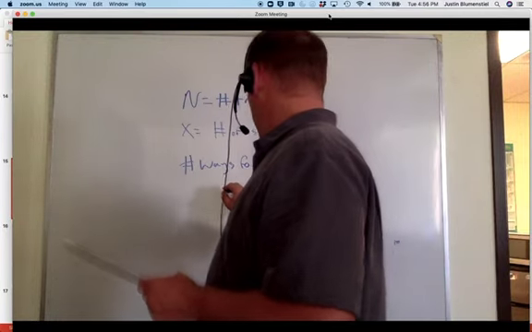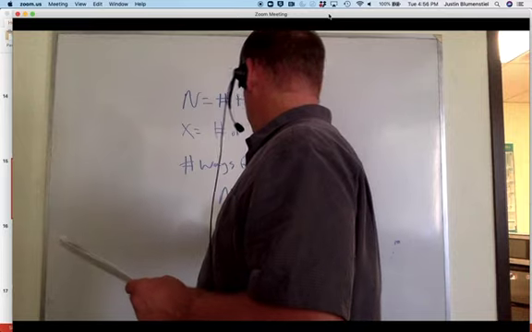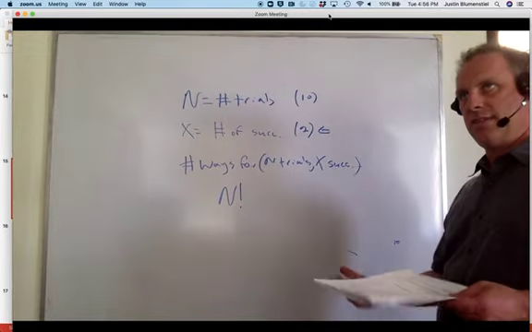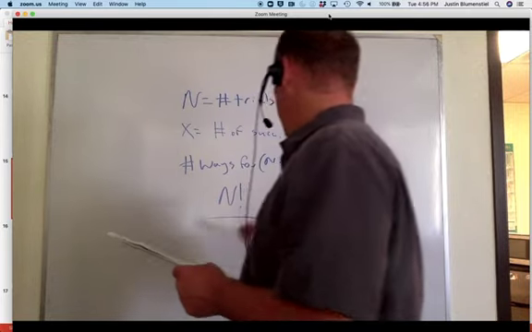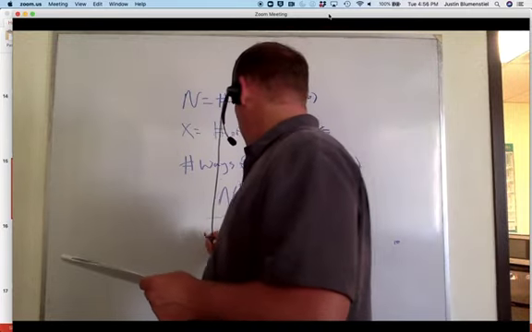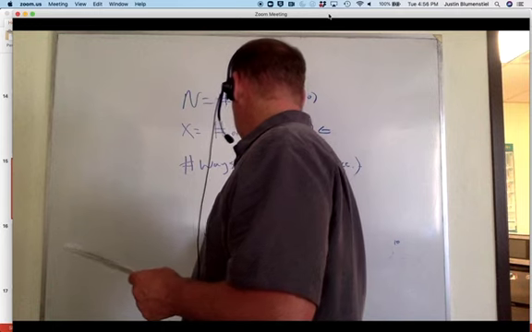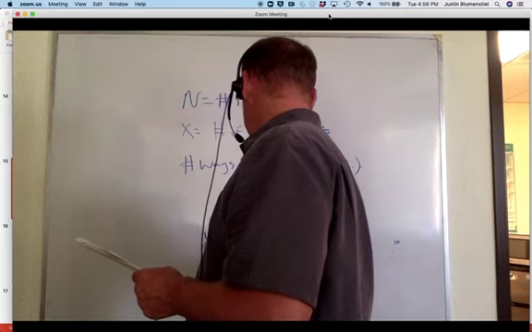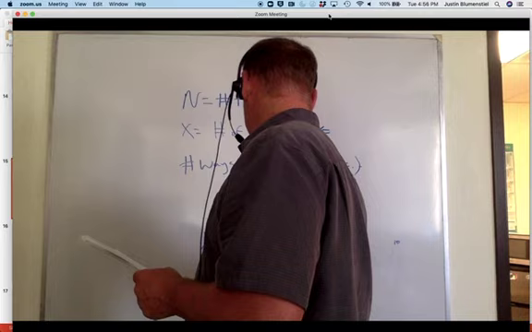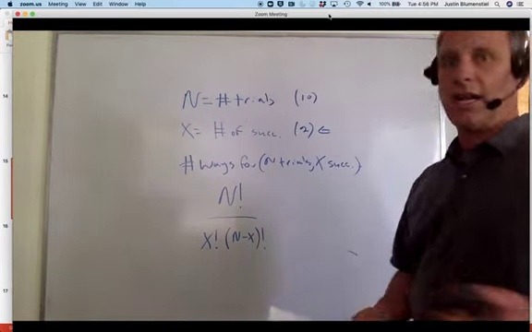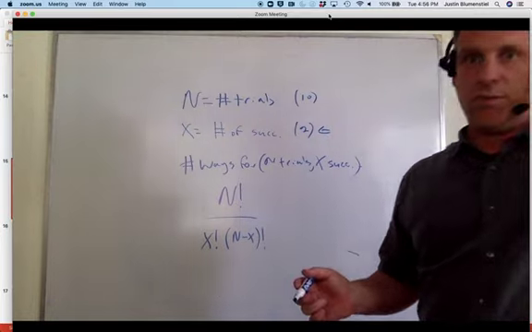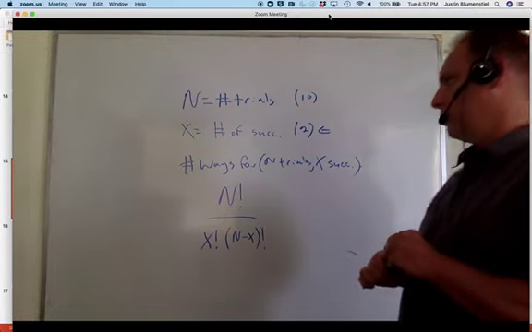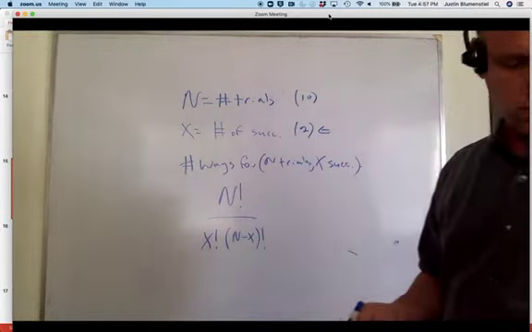It is simply n factorial, so if it's 10, it's 10 times 9, and so on, divided by x factorial times n minus x factorial. We're going to actually do this for two girls, so the number of ways for there to be exactly two girls. And you could do it for 3 or 4 and so on.